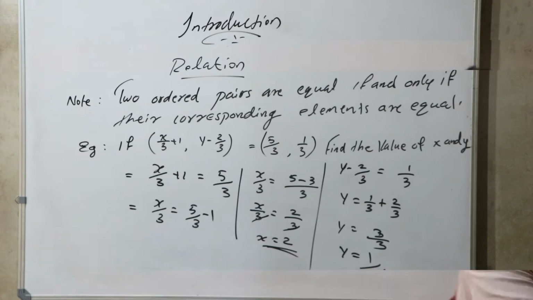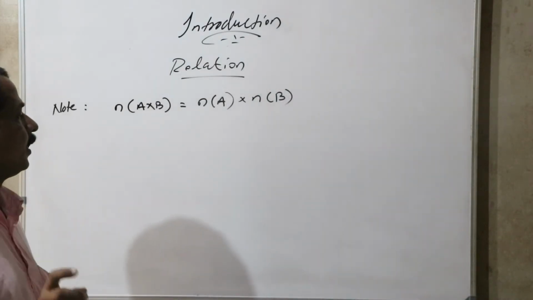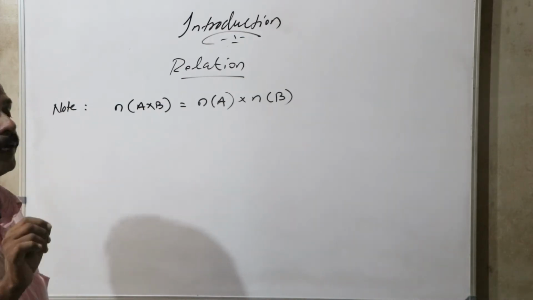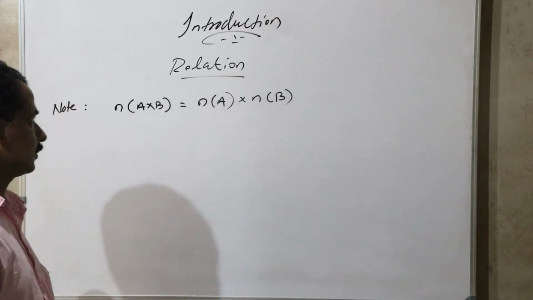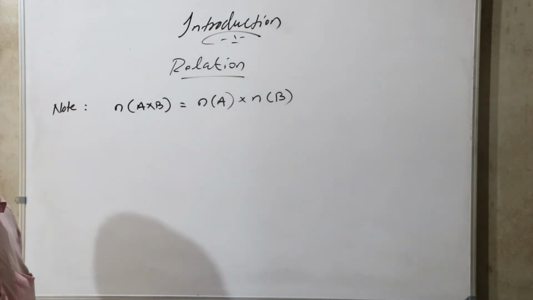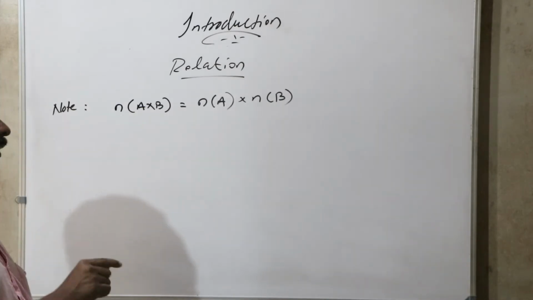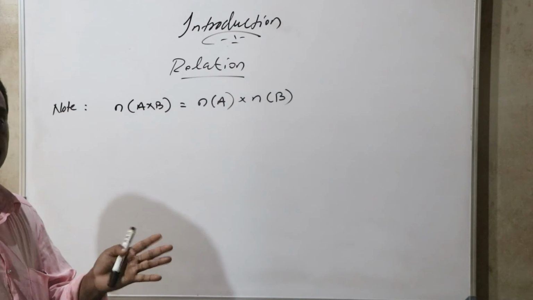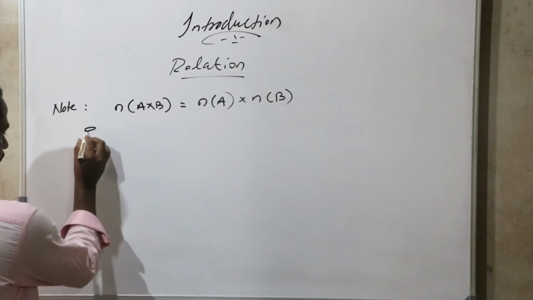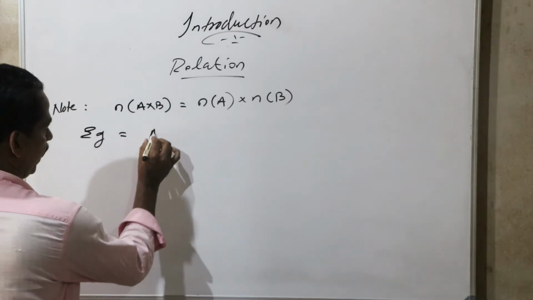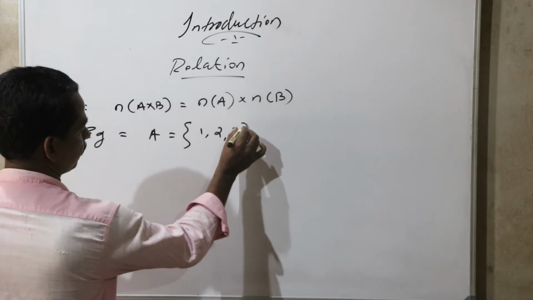Okay? What is the next point? Number of A cross B equals number of A into number of B. In a Cartesian product A cross B, the number of elements of A cross B is equal to number of A into number of B. Example, A is equal to set 1, 2, 3.